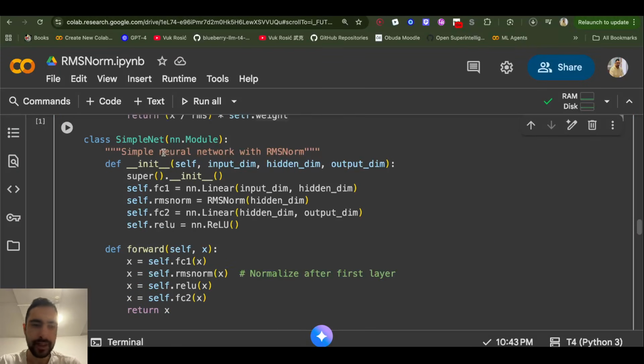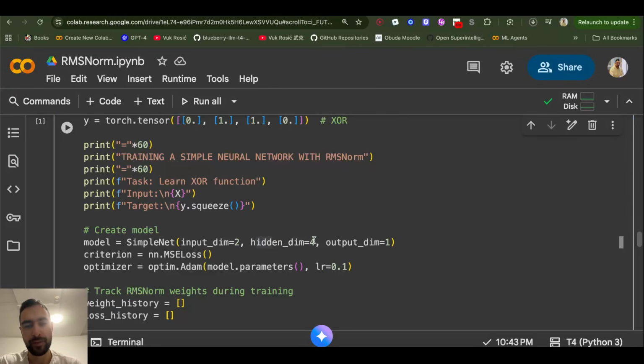Then simple neural networks, so fully connected first and second layers. The first goes from input dimension, which is 2, since we have 2 numbers as input, to hidden dimension, which is going to be 4. We want to expand a little bit so the neural network can memorize data and learn the rules in this hidden layer. And output is just 1, so 0 or 1.